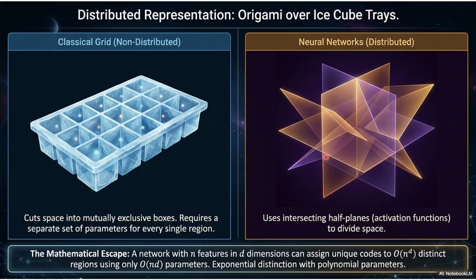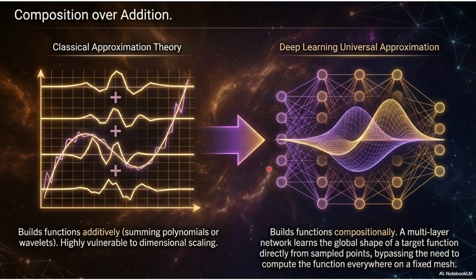Mathematically, a network with n features in d dimensions can assign unique codes to on the order of n to the power of d distinct regions using only n by d parameters. This provides our mathematical escape, achieving exponential distinction using only polynomial parameters.